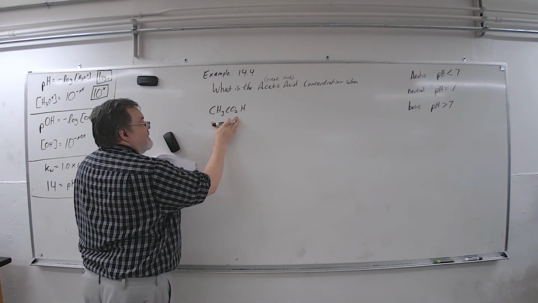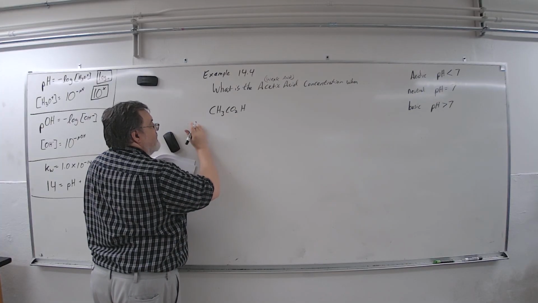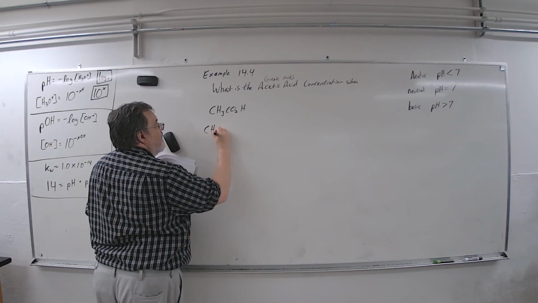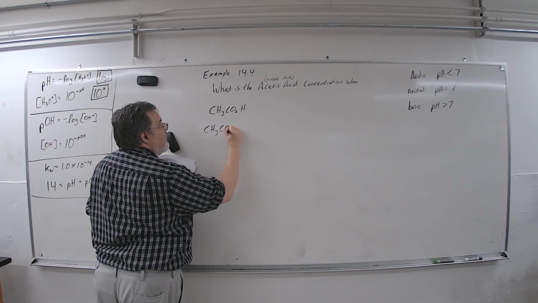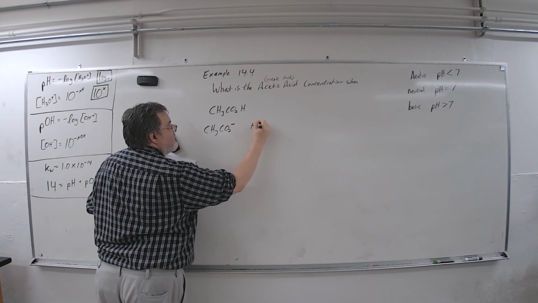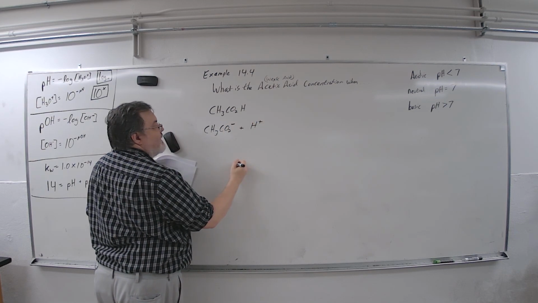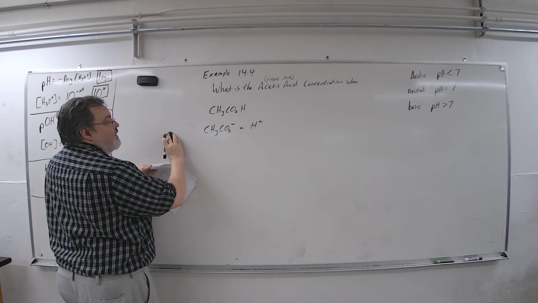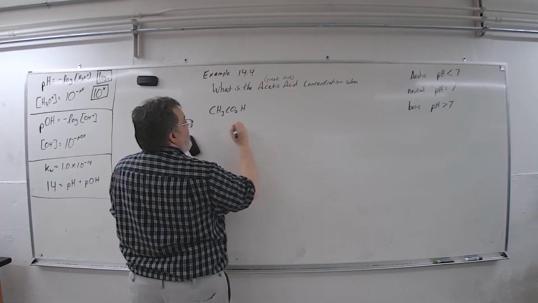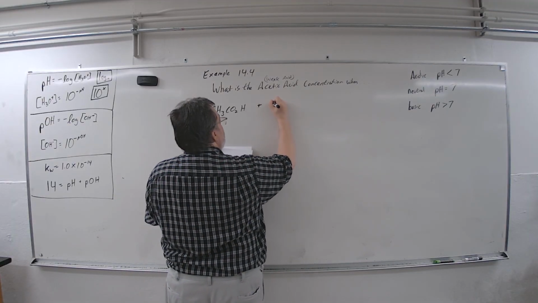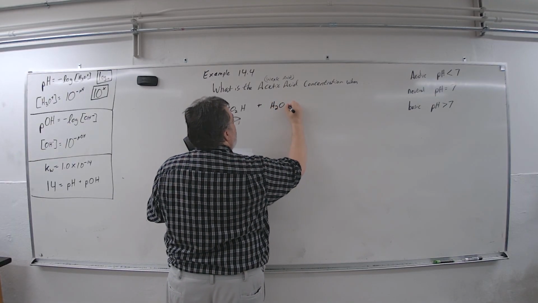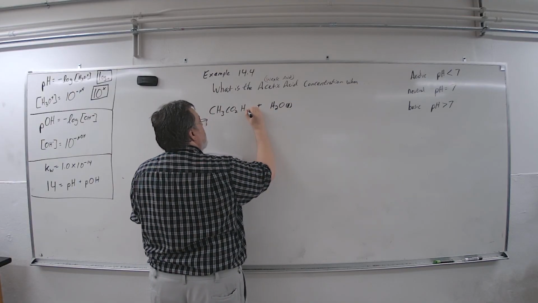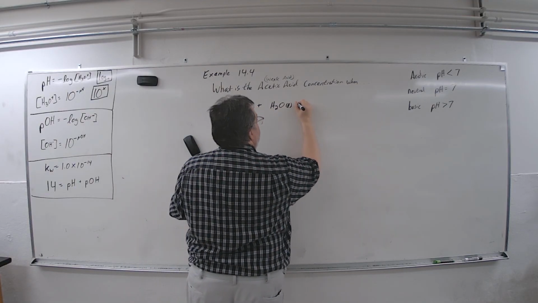So that's acetic acid, and we write it this way because once it goes into the water, it becomes this. The part of it that ionizes splits off into that H plus, and then this is the negative part. That's acetic acid, and if I did it like this, H2O liquid, that's aqueous.